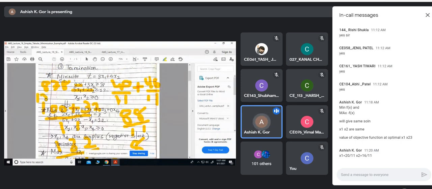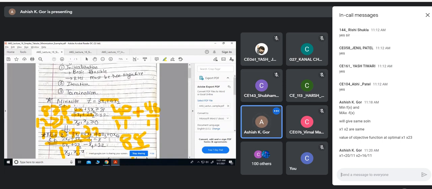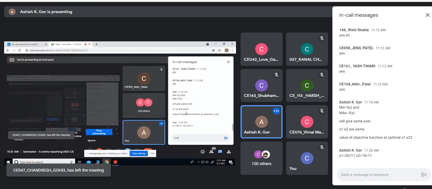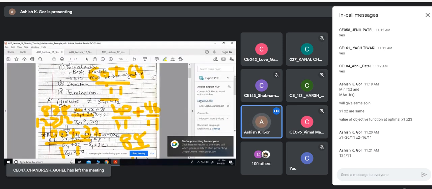So 12 greater than or equal to 12. That is also correct. And if you put x1 equal to 20 by 11 in the objective function, so 3 into 20 by 11, 60, plus 4 into 16, 64, divided by 11, which is 124 by 11, which was the desired answer.